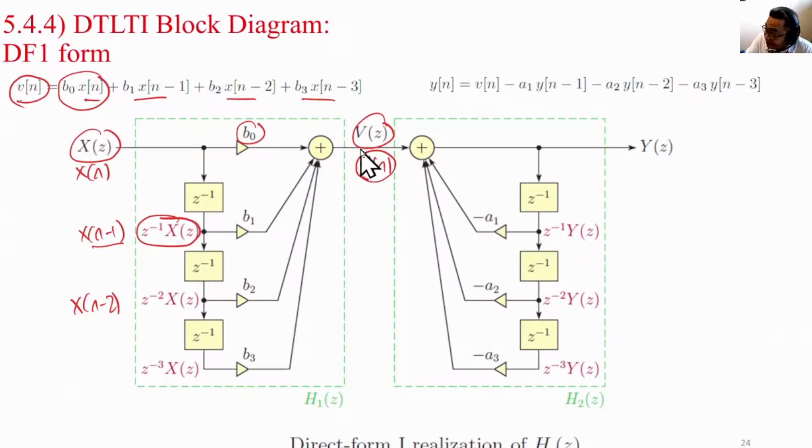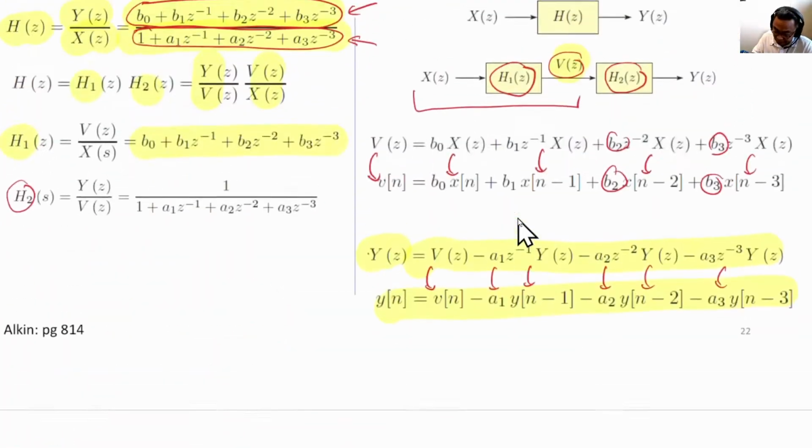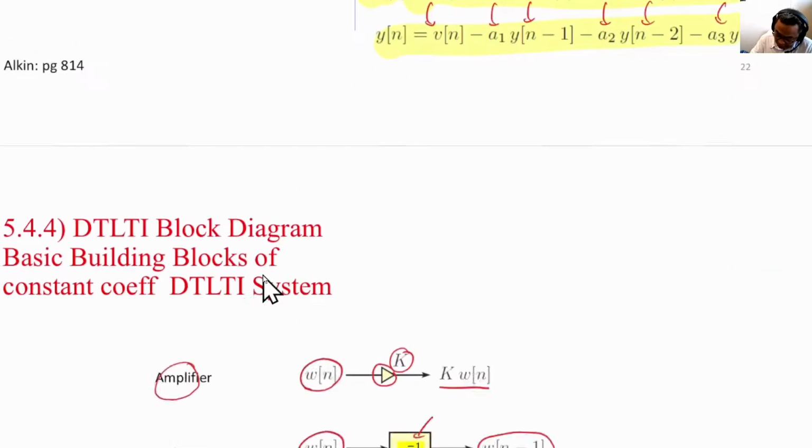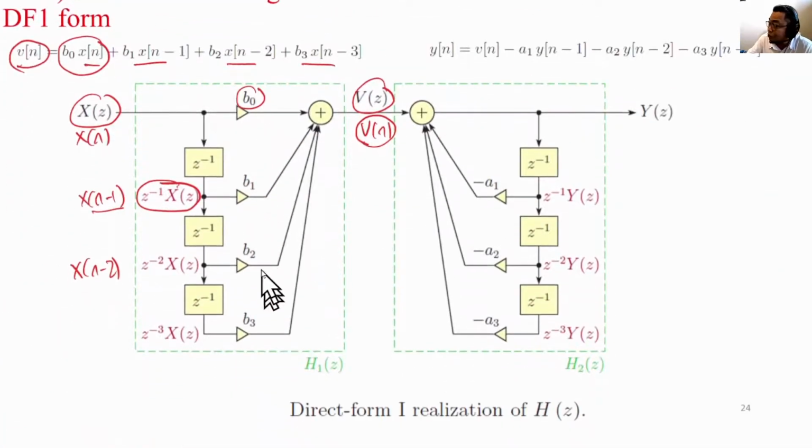Now, this V of z is being passed through H2 of z to get Y of z, as in the previous diagram here. So what is Y of z? Y of z is of course y of n. This is a delay. So what is this?